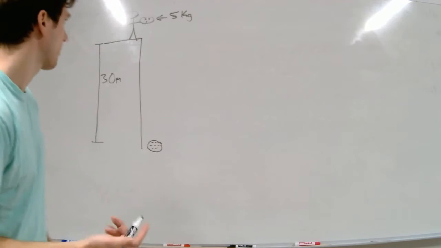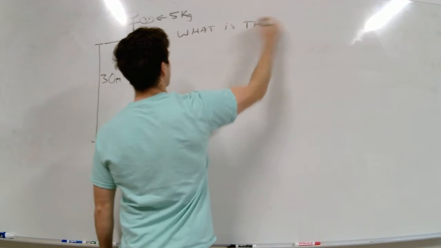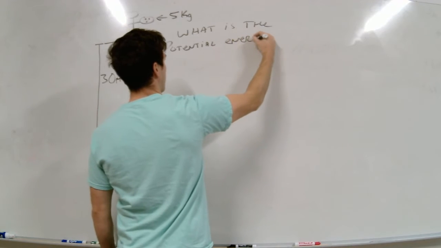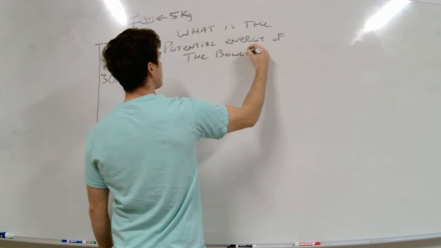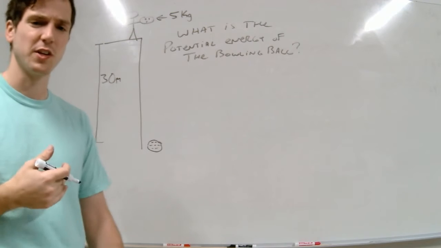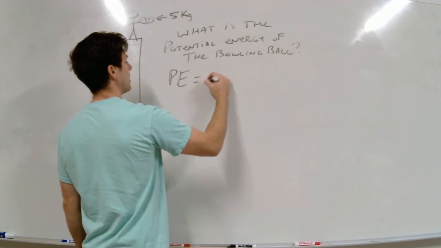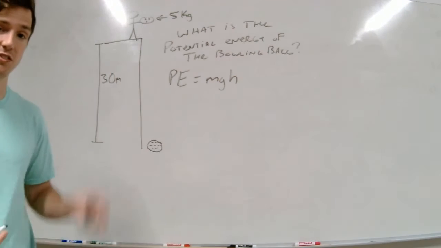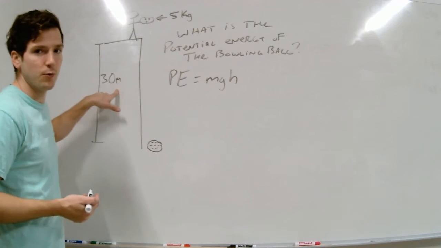Okay? And all I'm going to ask you is, what is the potential energy of the bowling ball? Well, remember, potential energy deals with height, which is all about mgh. Big thing here, make sure that your mass is in kilograms, which it is, and that your height is in meters, which it is.